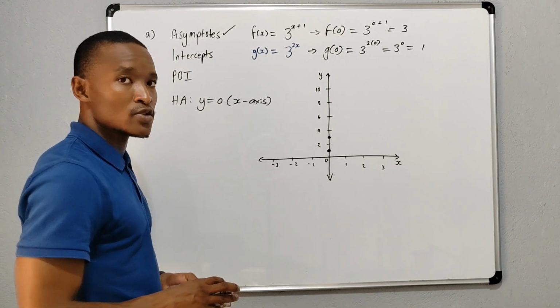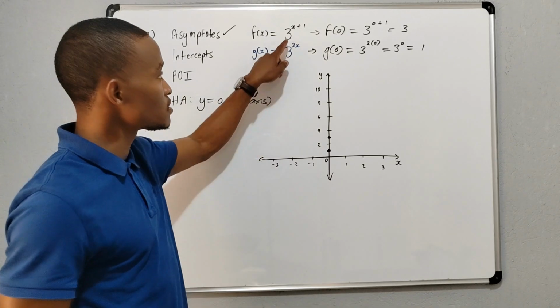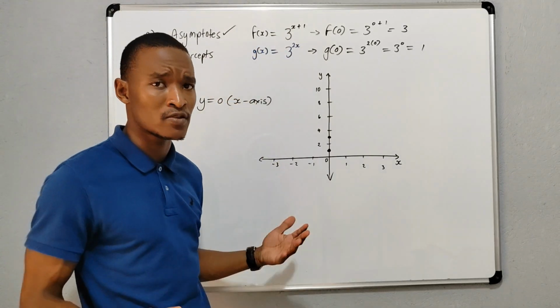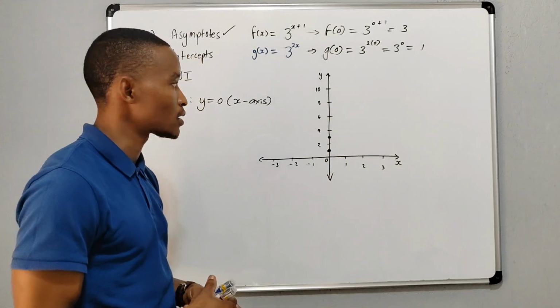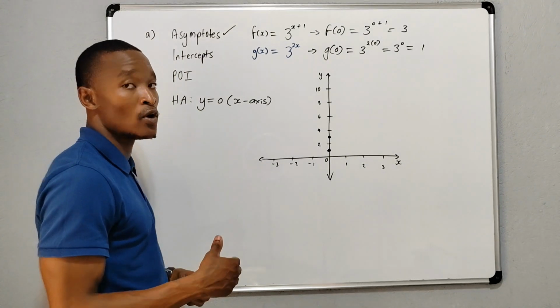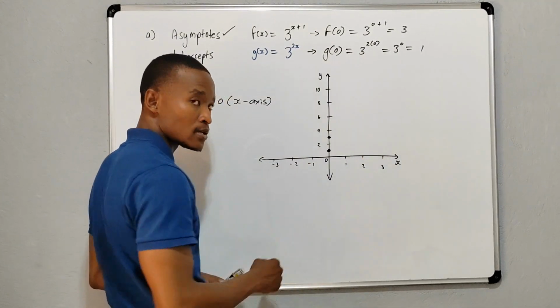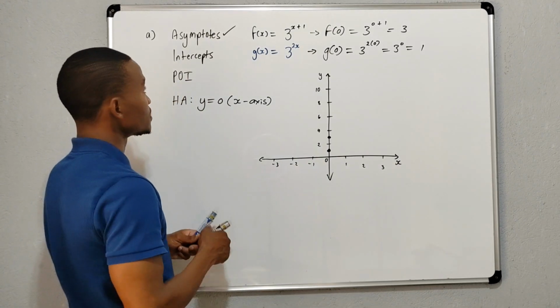What type of functions will they be in terms of progression or the behavior? They will be increasing functions because the base here is 3 and also the coefficient of the power is positive 1. So we expect to see an increasing function. Okay, so therefore it will have no x-intercepts, because already the boundary here is the x-axis as the horizontal asymptote. Good, so we are done with this guy.